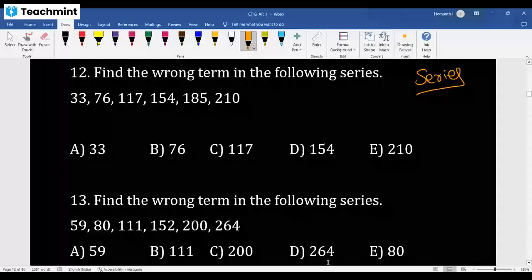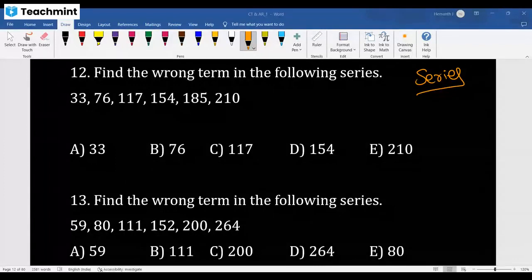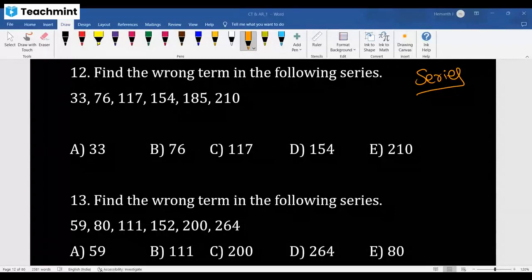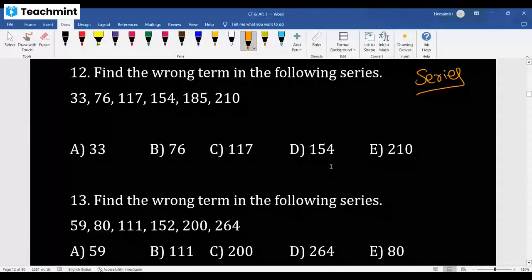Some people said screen is not visible. Check once. Both questions. Fine.